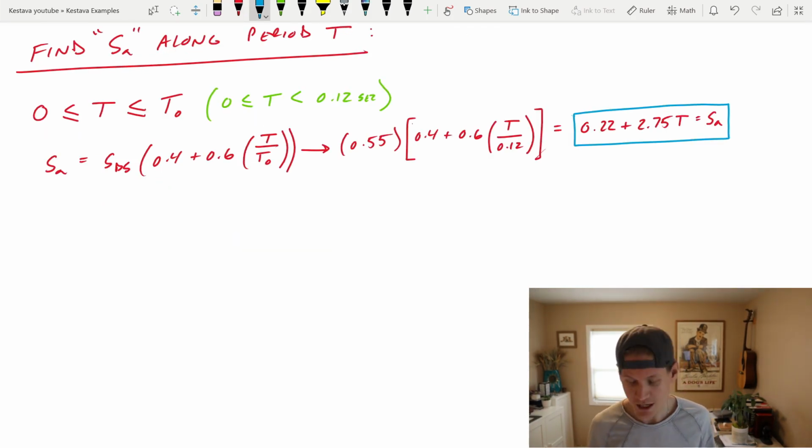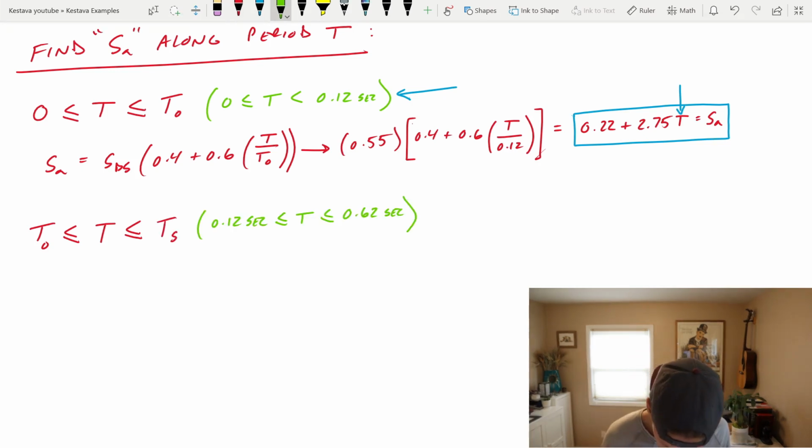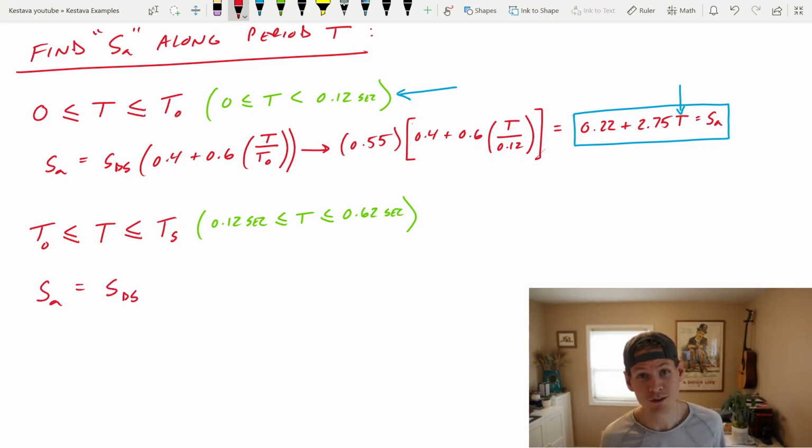So I'm highlighting this equation in blue because you are going to use this to find your S sub a values when you plug in values of t that are within the parameters shown here in green. When your period is greater than or equal to T sub naught, but is less than or equal to T sub s. That gets you the following based on what we found from above, and your spectral acceleration equation is as follows. That one was a doozy.